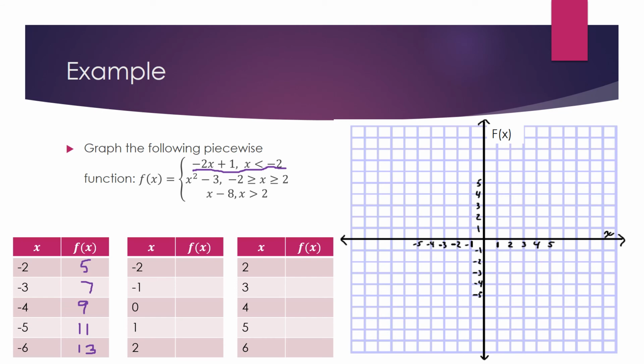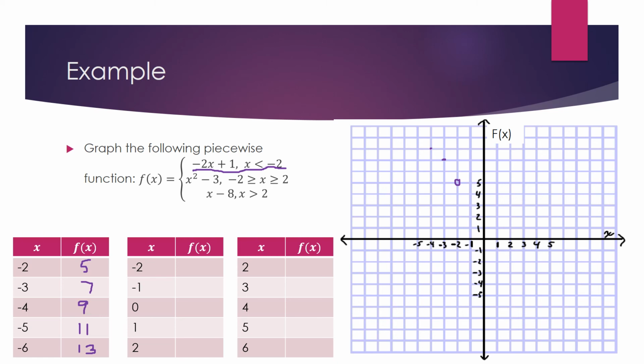underneath that sign. So we'll start at negative 2, 5, and we will have an open circle at negative 2, 5, followed by negative 3, 7, negative 4, 9, and negative 5, 11.